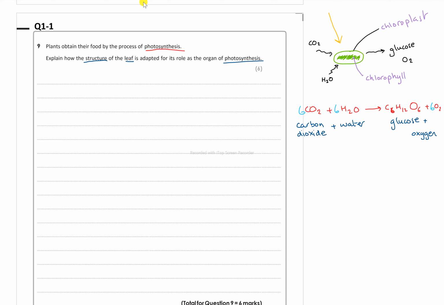Right, explain how the structure of the leaf is adapted for its role as the organ of photosynthesis. Right, first of all, what I would write is that the leaf, this is a really good question to learn actually. It teaches you everything about it.